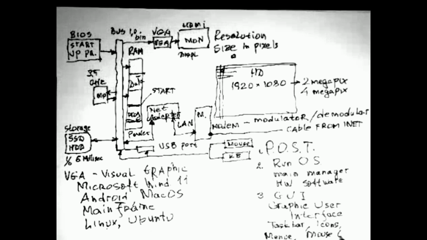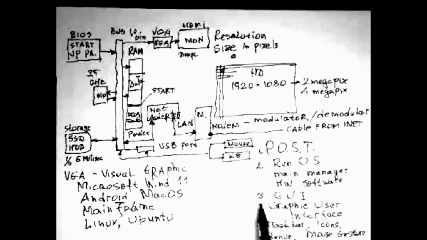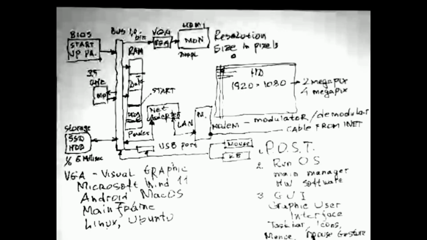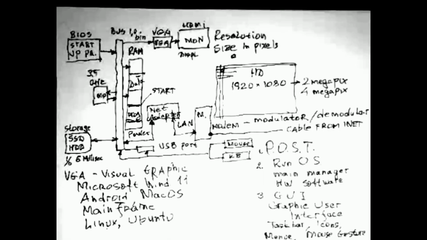Mouse, gesture. Taskbar is part of the operating system. It allows you to control what you do and how you do it. Taskbar, by the way, allows you to recall the menu and run programs and applications on your operating system.